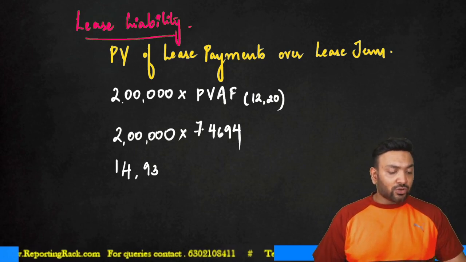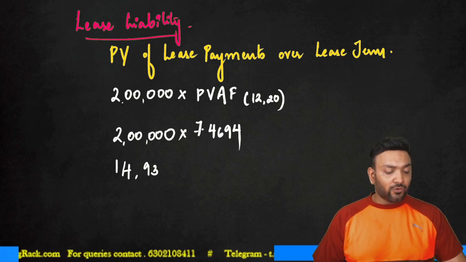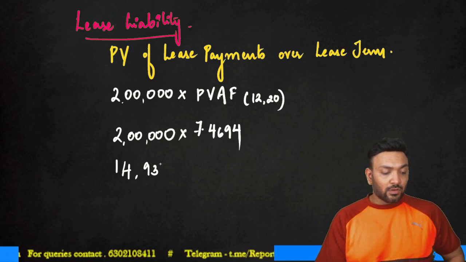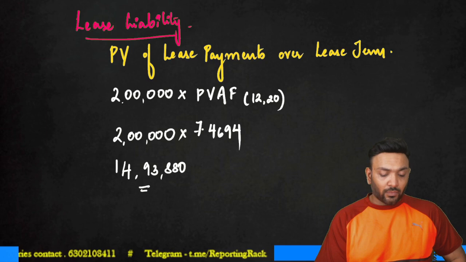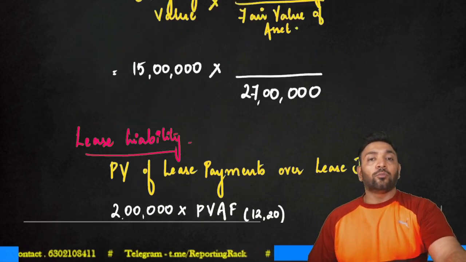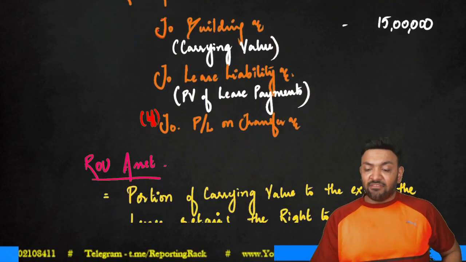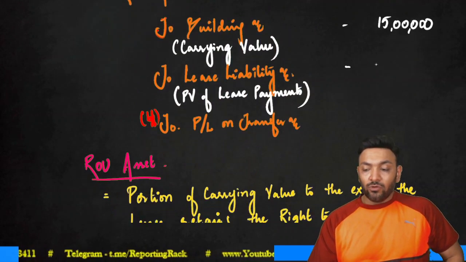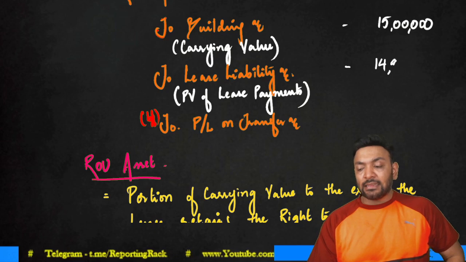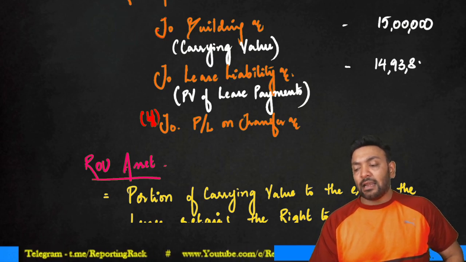So 2 lakhs into 7.4694 gives 14,93,880. Place it in the question there. The lease liability value should be 14,93,880 rupees.